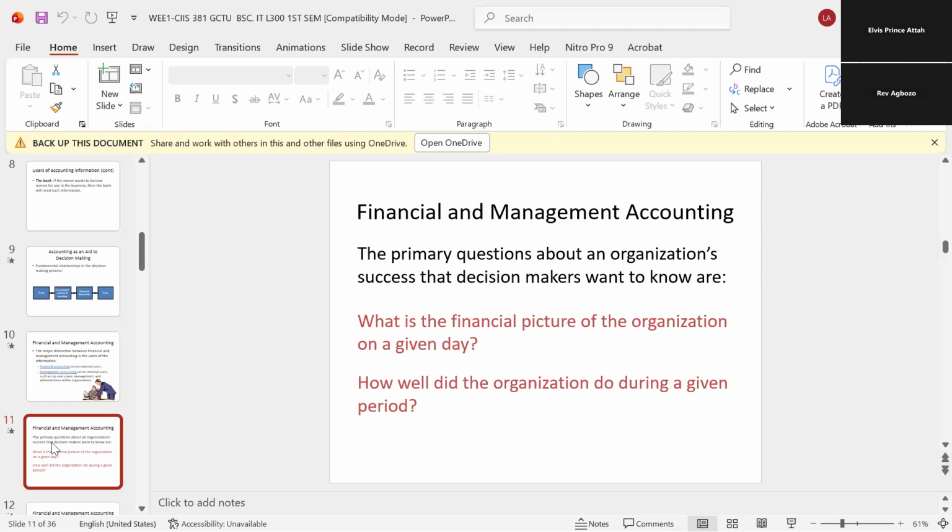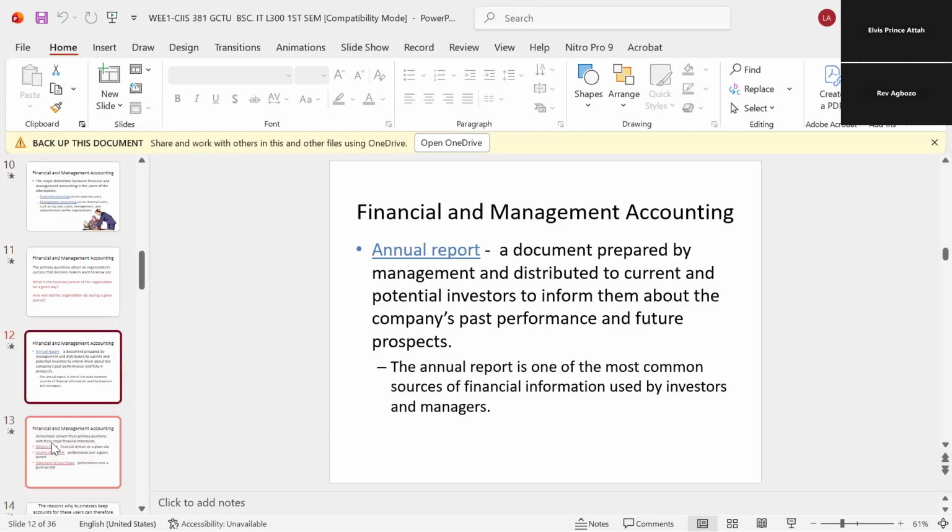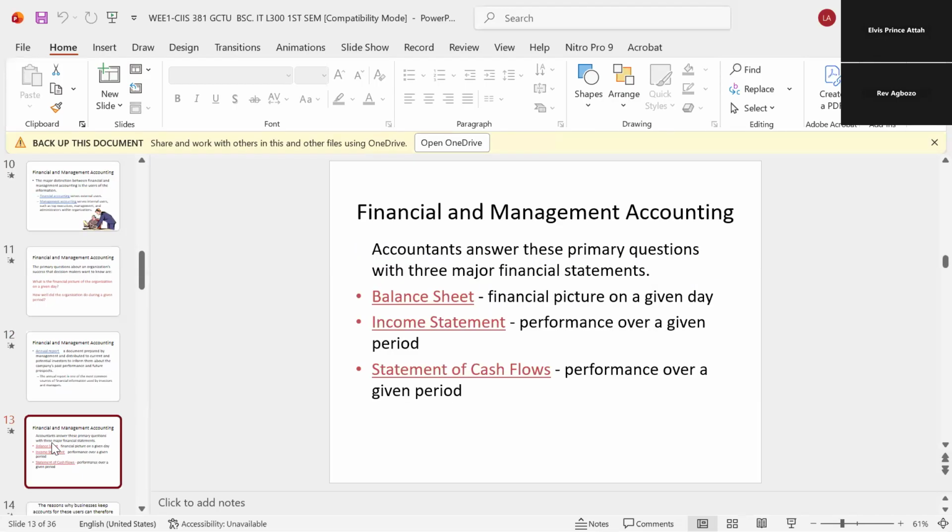So final account or financial statement is prepared after the financial year or the accounting period. And that is what everybody is interested in, to know what is going on in the business. It's an annual report and it's regulated. So like I said earlier on, the components of the financial statement are what you see.